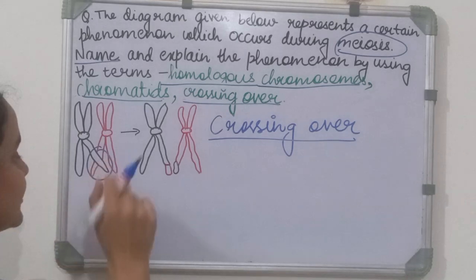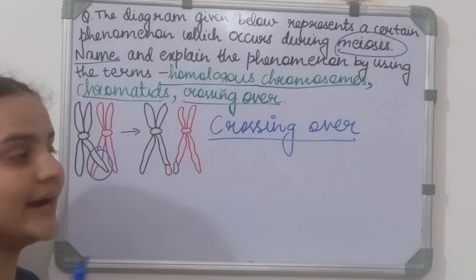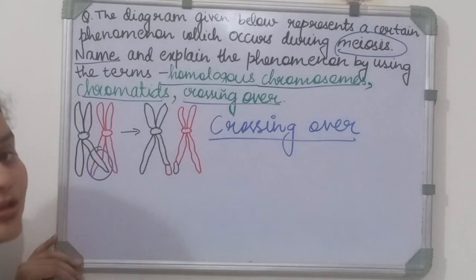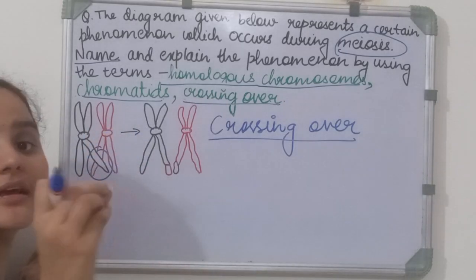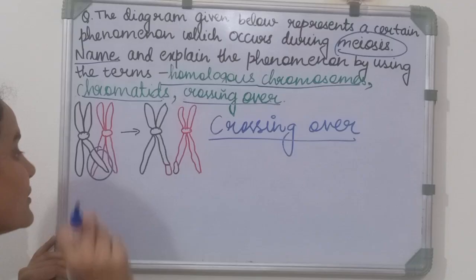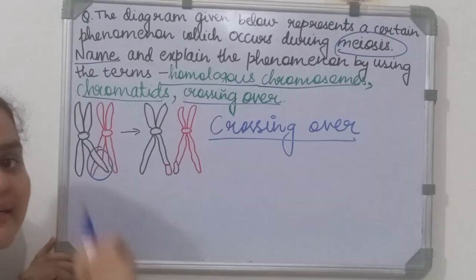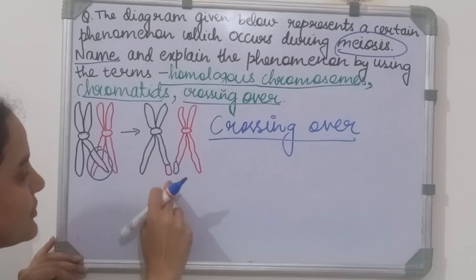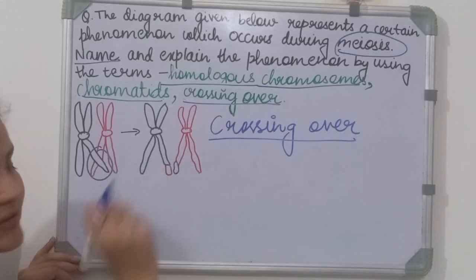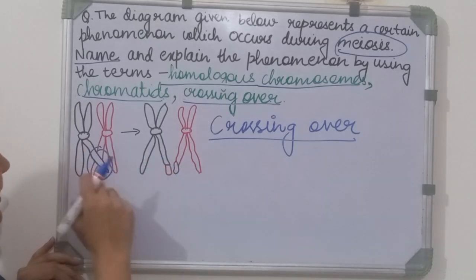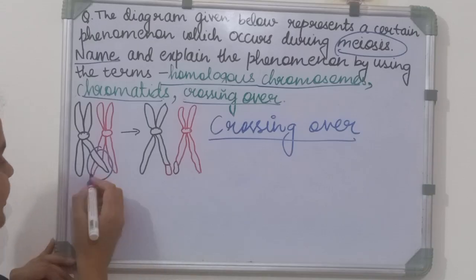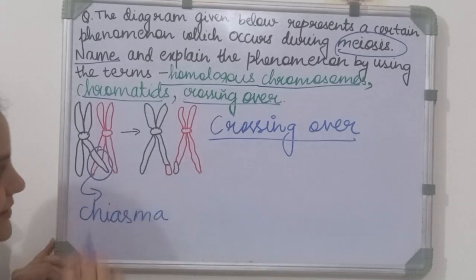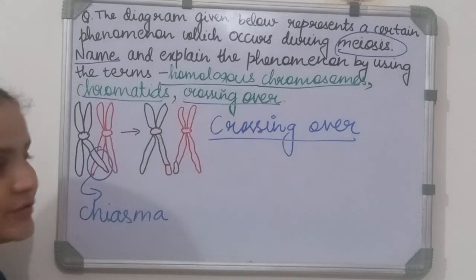These chromatids are non-sister chromatids because one chromatid is of the maternal chromosome and the other chromatid is of the paternal chromosome. So in them the genetic material is getting exchanged. We can see here the red part has come to this one and the black part has come to this one. And here an X-shaped structure, which is also known as chiasma, is formed. So let's explain crossing over.